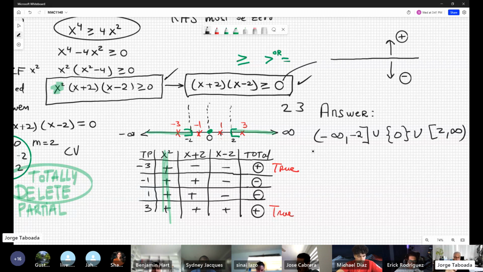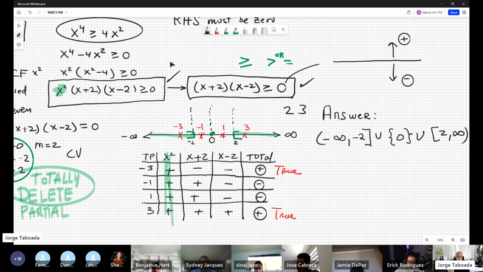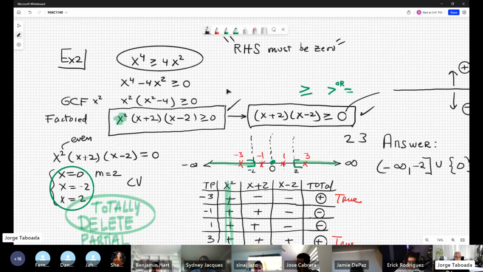In this example too, the inequality that is given is totally disorganized, with no 0 on the right-hand side. You must have 0. So you bring this term from the right to the left with a minus, and now you have 0 on the right-hand side.